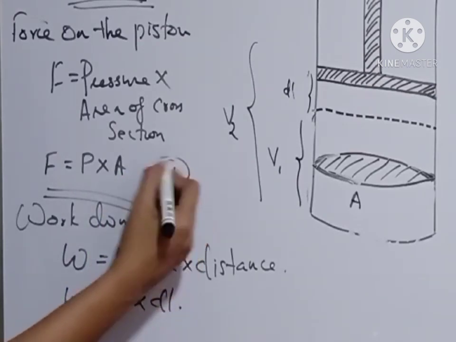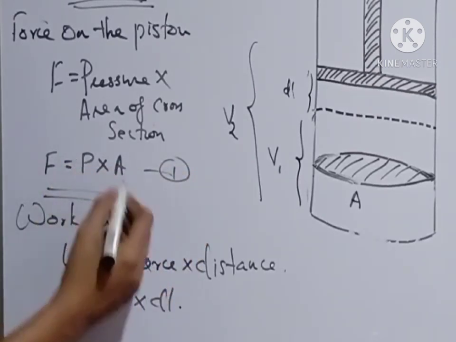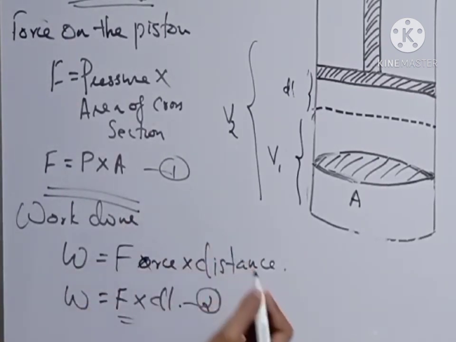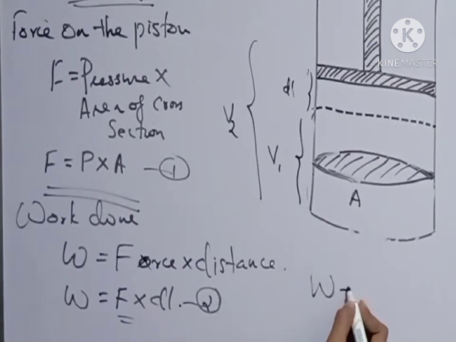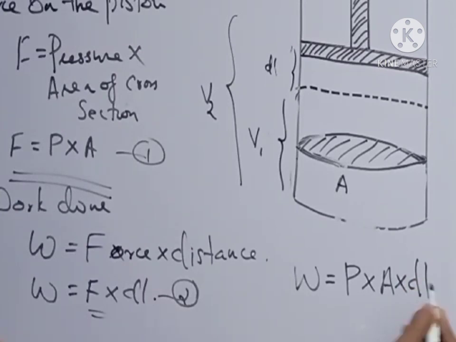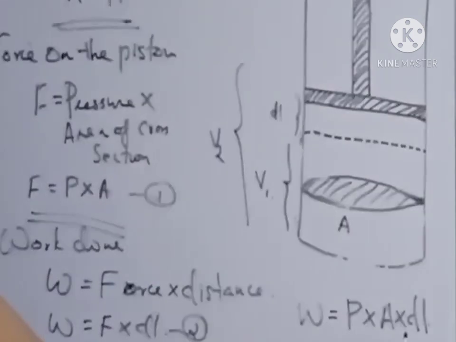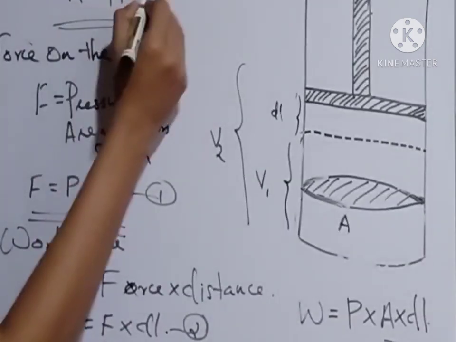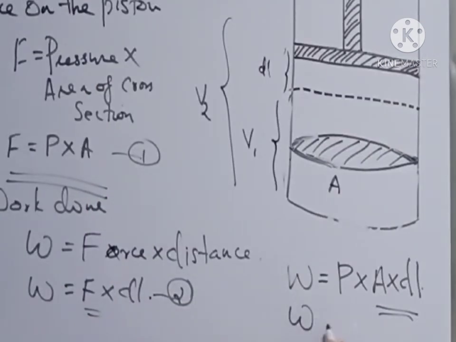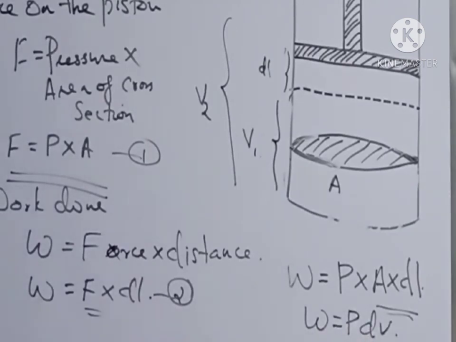We can substitute the value of force here, so we get W equals P into A into dl. Here A into dl is the volume change. That means W equals P dV.